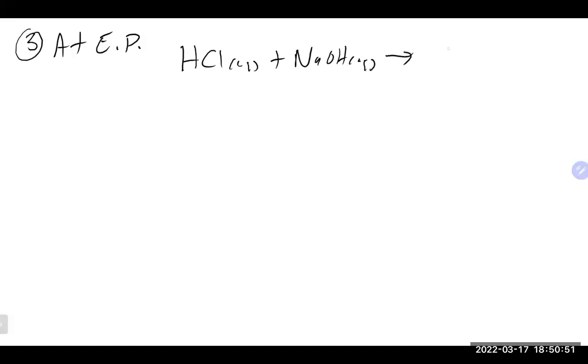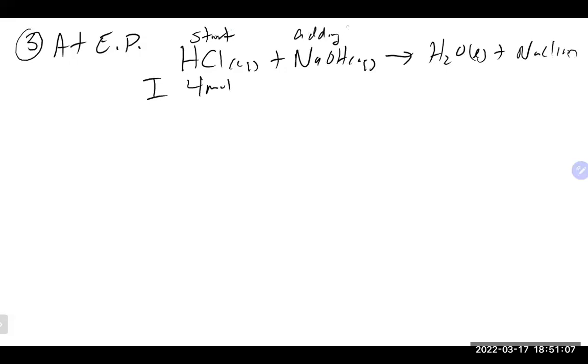We're still going to need to perhaps do an ICE table here. So if we did an ICE table, again, just making up the number of 4 moles of what we're starting with. And this is what we're adding, which is our sodium hydroxide.